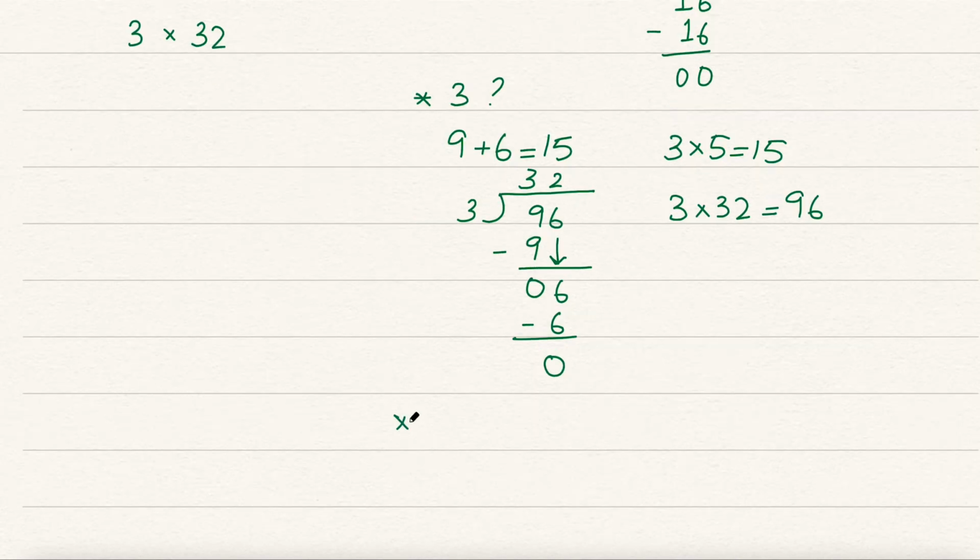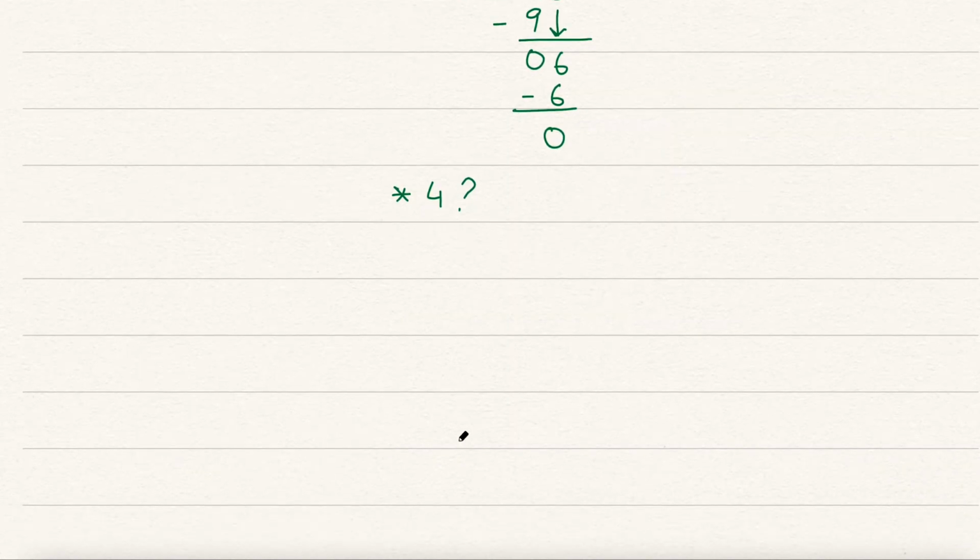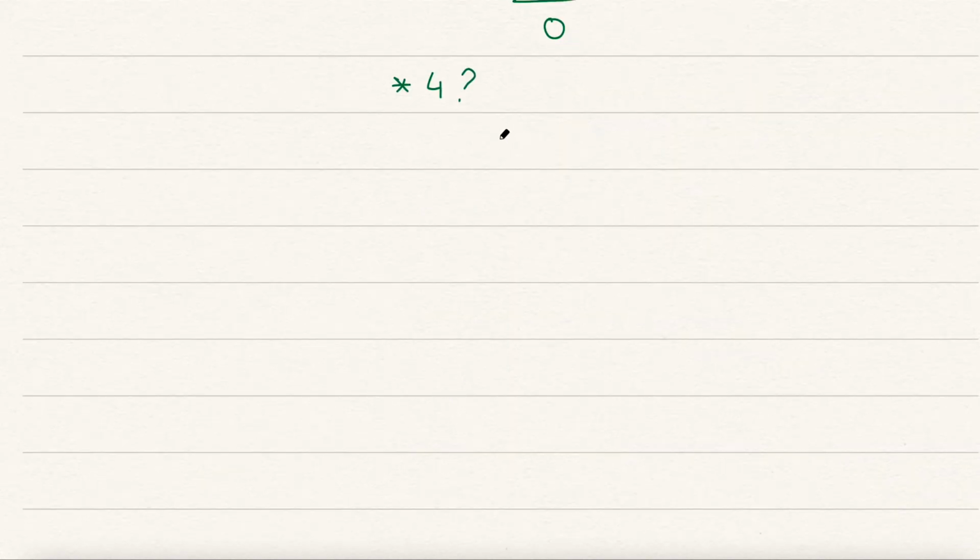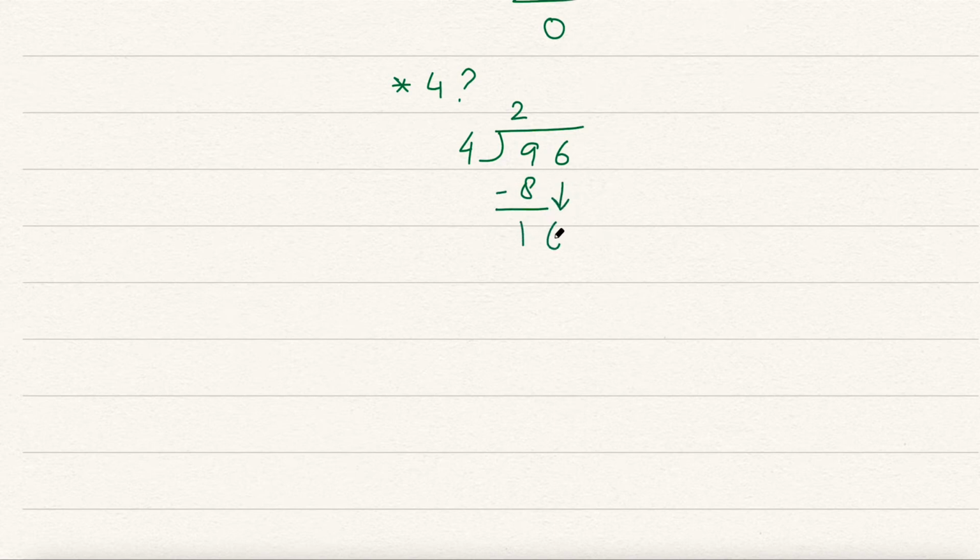Now check if 96 is divisible by 4. And now we'll divide 96 by 4. 4 times 2 is 8. 9 minus 8 is 1, and you will copy 6. 4 times 4 is 16.